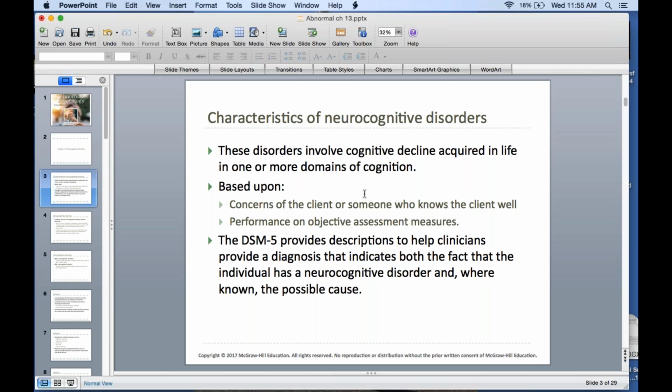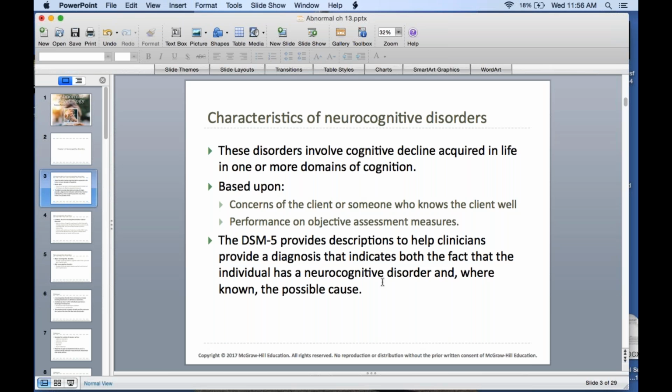We may see someone who seems to be functioning quite well, but what we don't know is whether before they were functioning fabulously. We want to look at the performance they have on assessment measures. We have a lot of neuropsychological assessment measures. The one that I use, that we'll talk a little bit about, is your simple, basic MMSE, the Mini Mental State Exam.